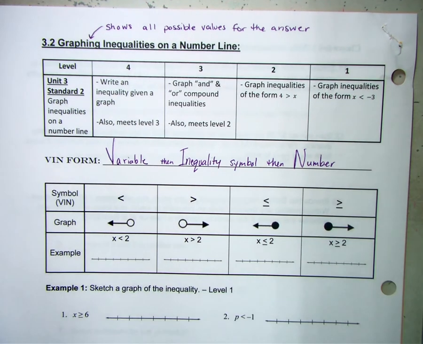So Venn form just means variable first, symbol, number. Variable, symbol, number. This is not variable, symbol, number. It's the opposite. So we're going to do both of these today, where we figure out how we switch this. That's the second part, but we've got to ease into this.